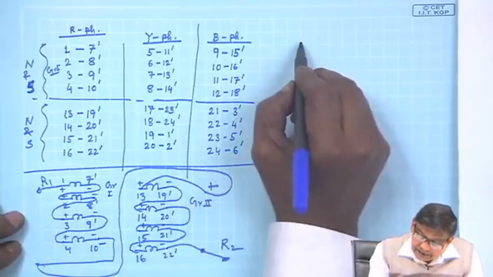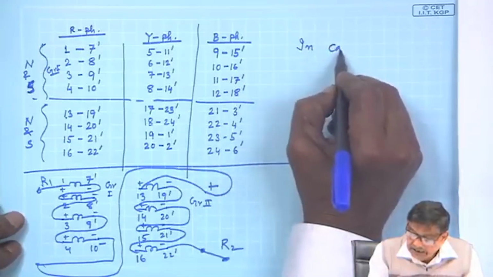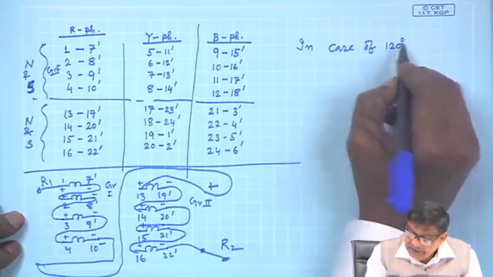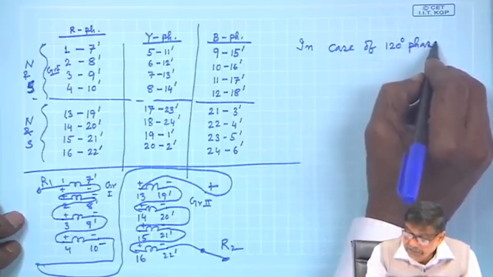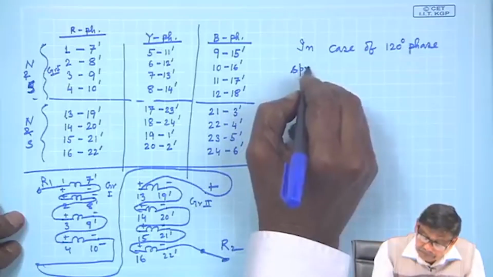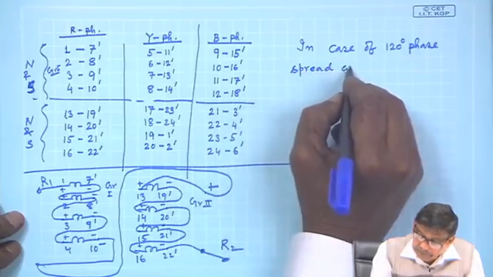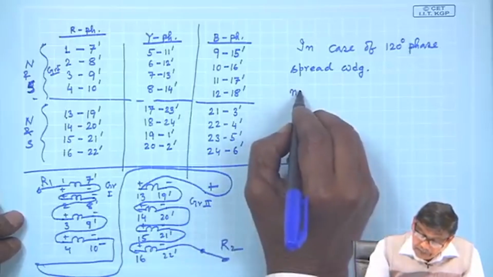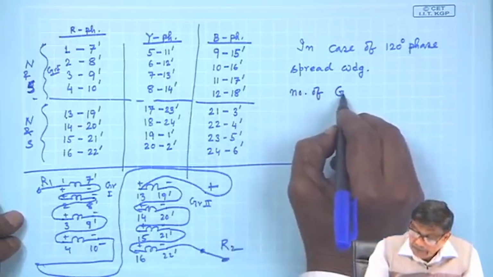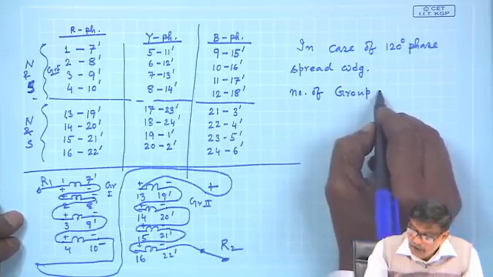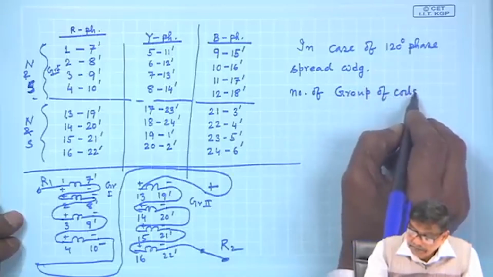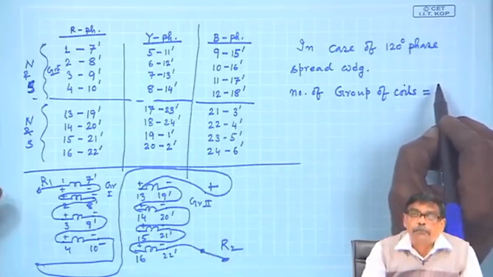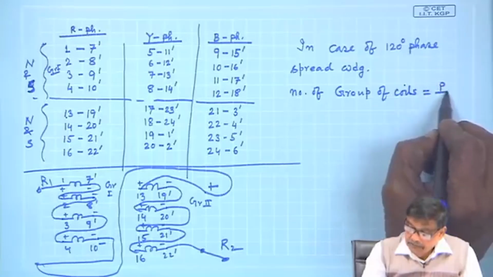Therefore, the conclusion is, in case of 120 degree phase spread winding, number of group of coils will be equal to number of pair of poles, p by 2.